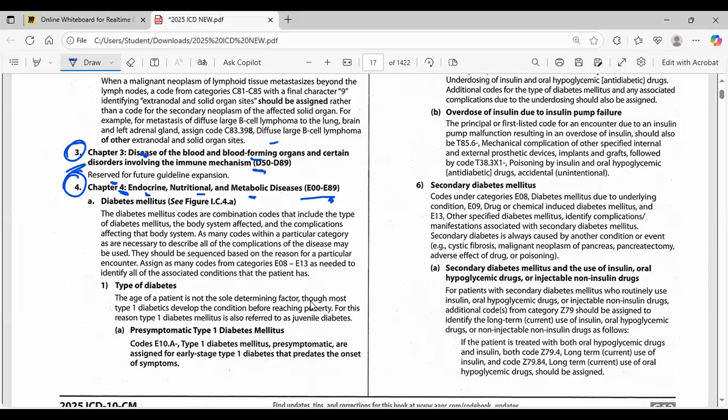In this chapter, we have codes for multiple sections such as endocrine organ disorders, nutritional disorders, as well as metabolic diseases. But we have guidelines only for diabetes.